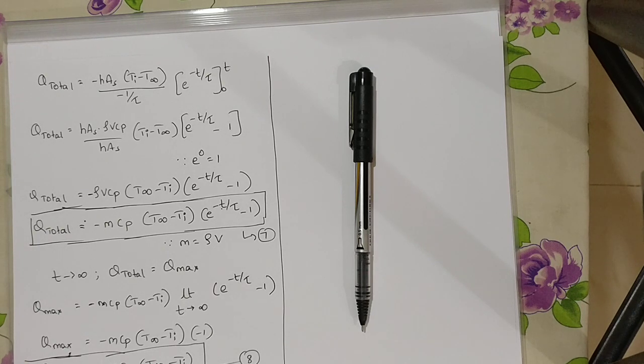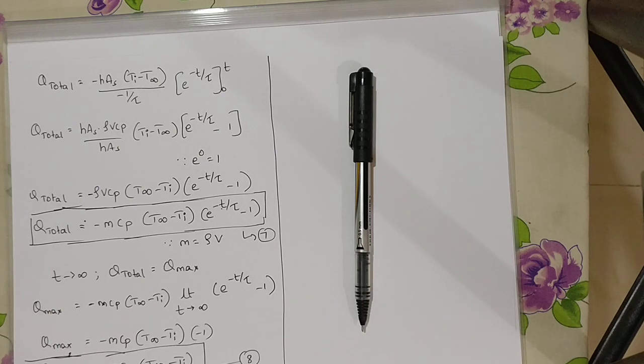Can we use it for all the problems? No, we need to understand when we can use this, because we have assumed that the temperature is varying only with time. That was the assumption we made at the beginning of this analysis. So we should know when this analysis can be implemented and on what problems.